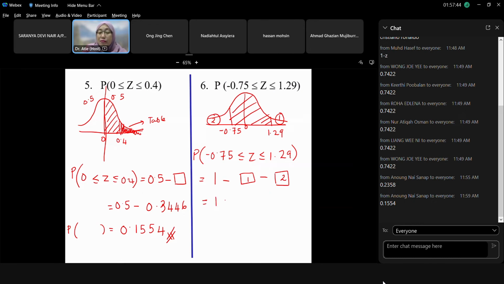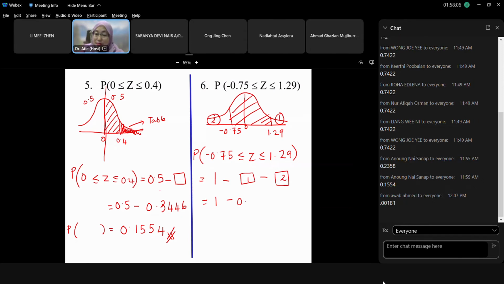Right, so for the first one, 1.29, Mason, can you find me the answer from the area 1.29? Yes, Doctor. Okay, so 1.29 from the table.